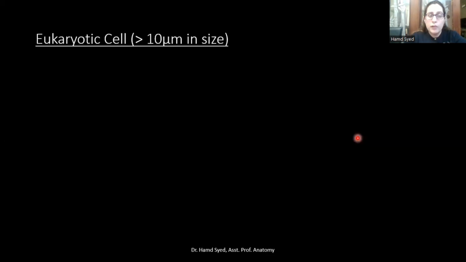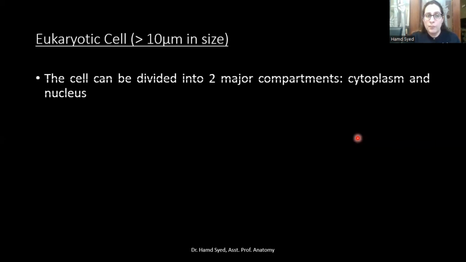Okay, so if we are talking about cells, we know that cells are basically of two types, the prokaryotic cells and the eukaryotic cells. Now, since we are going to be talking about the multicellular organisms, we are going to discuss the eukaryotic cells. This is a cell which is typically more than 10 micron in size, and it can be further divided into two major compartments, that is the cytoplasm and the nucleus.